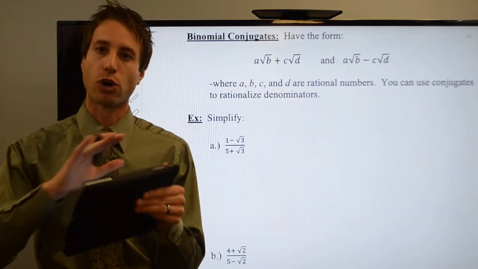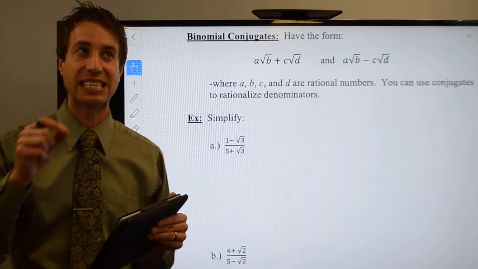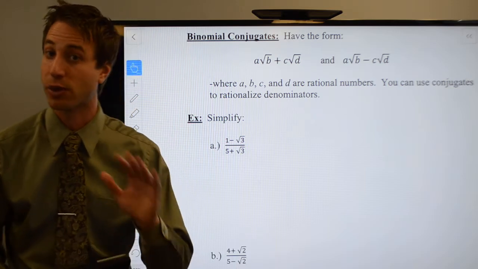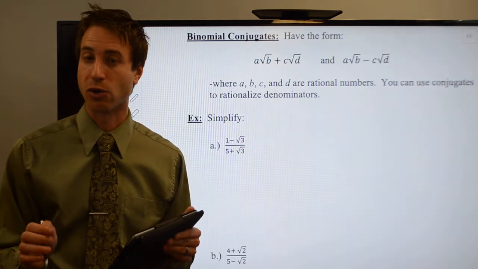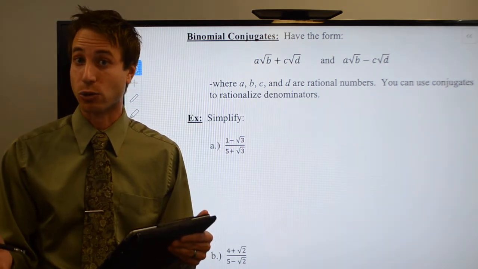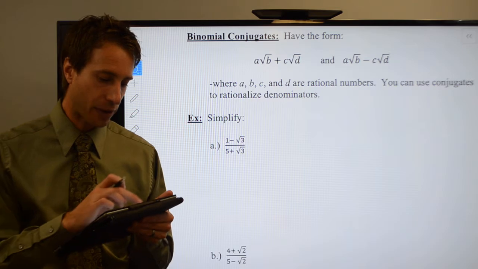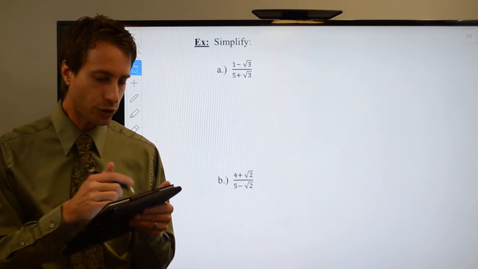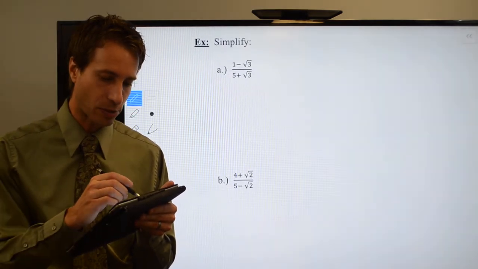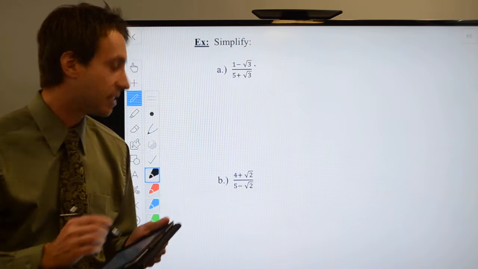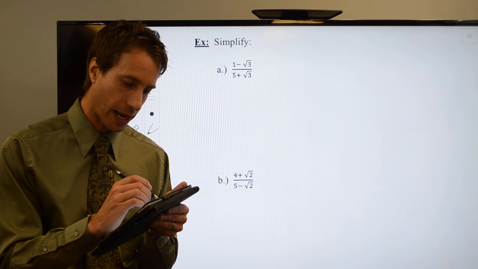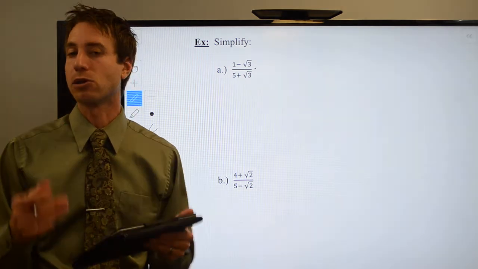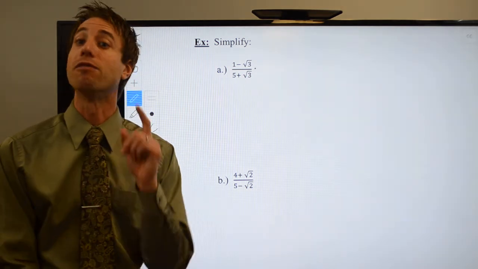It works almost exactly the same way as it did back in chapter 4, section 4 with complex numbers, except now you don't have i's running around all over the place. You have radicals instead. So let's see how this works in this first example problem. Because I have division, we're going to multiply top and bottom by the conjugate of the denominator.